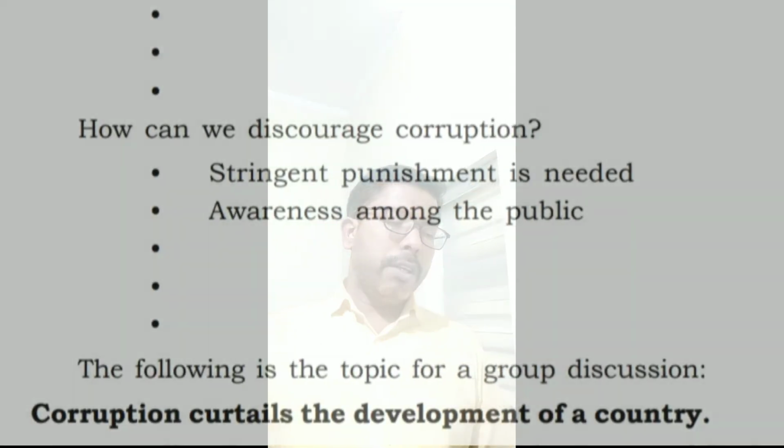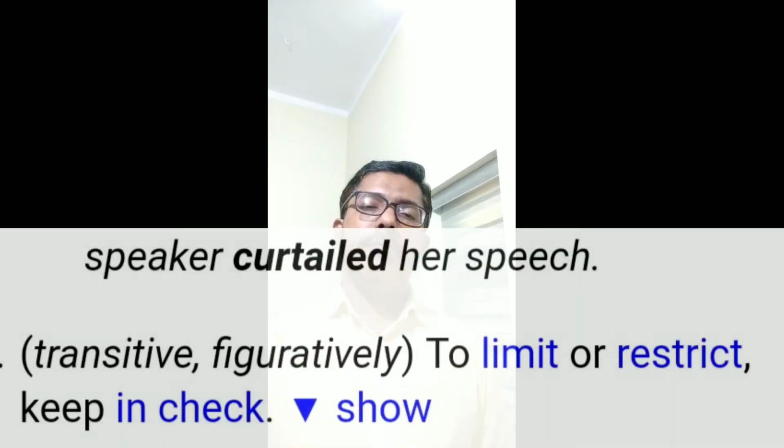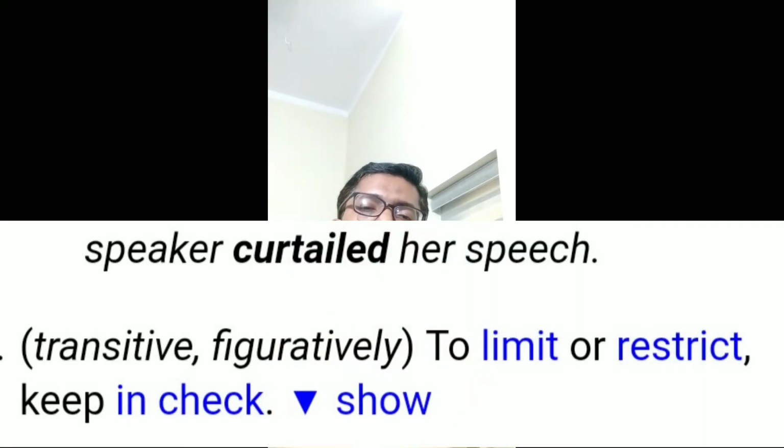The topic is: conduct a group discussion. Corruption curtails the development of a country. That is the topic. The word curtails means restricts, blocks, or stops. So corruption curtails the development of a country.